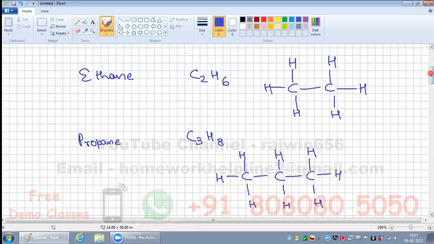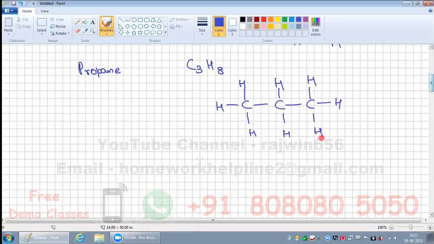The 4 carbon atom compound, what is it known as? What will be the 4 carbon atom compound known as? Butane. Correct. This is butane.